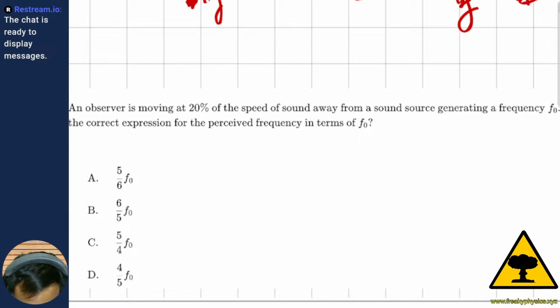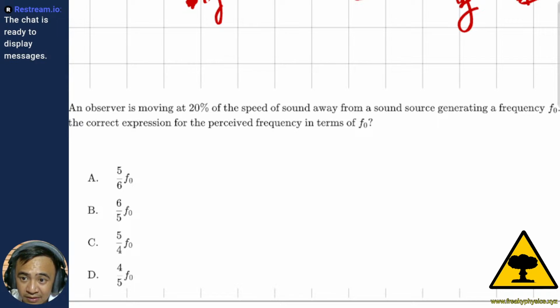If we go into the data booklet, I'm just going to go into the relevant section now. Where is it? Doppler effect. There are two equations for the Doppler effect. The good thing for you now in the new syllabus is that it is indicated which formula is for the moving source and which formula is for the moving observer.